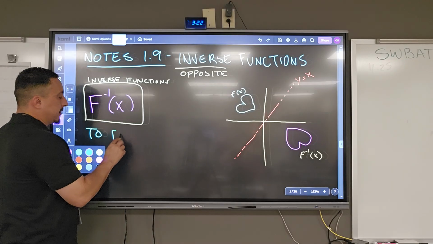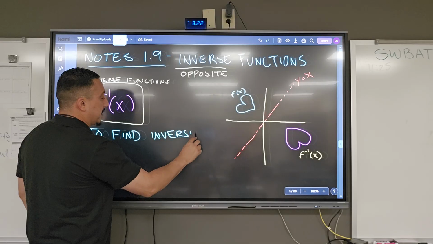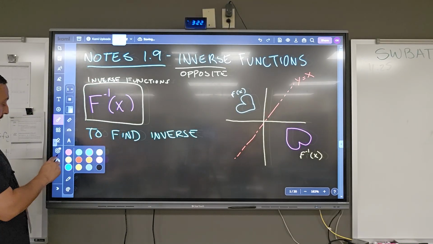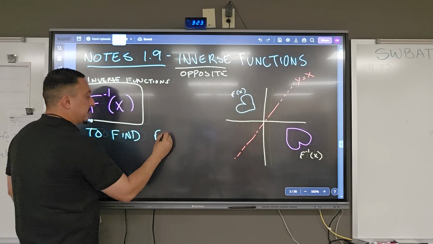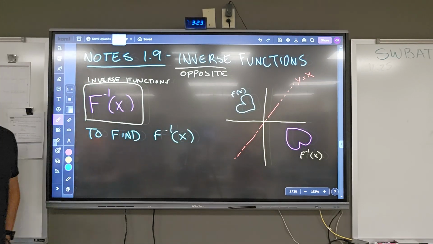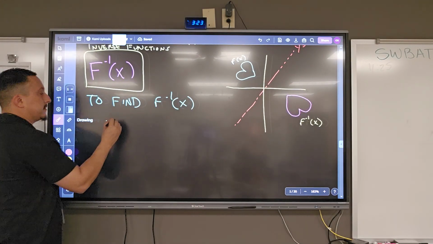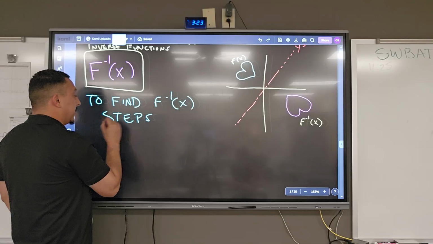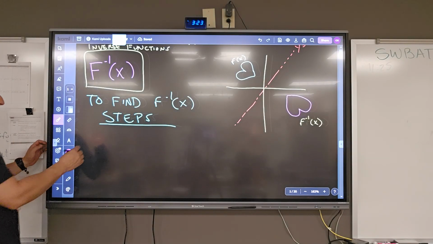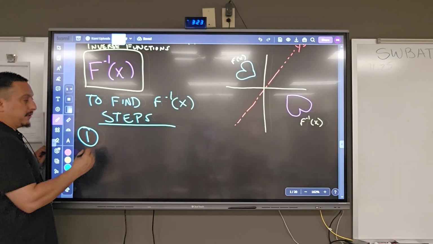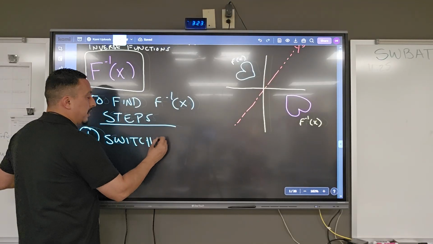To find inverse functions. Actually, now that we know the symbol, why don't we just put the symbol here? To find inverse functions, that's much faster. There's only 2 steps. Okay, only 2 steps. So steps. I guess we could say to calculate inverse functions, whatever. It's the same thing. But step 1, all you need to do is switch x with y.